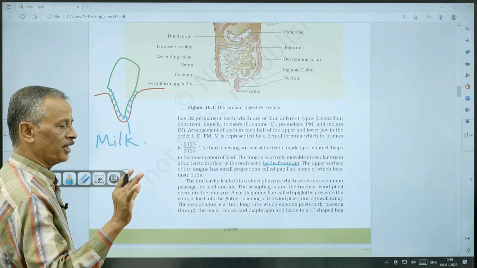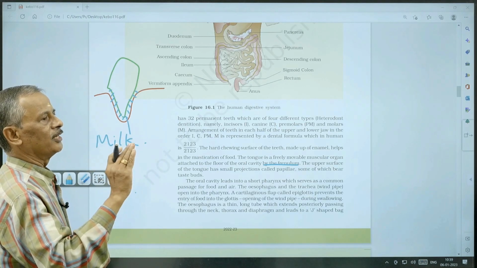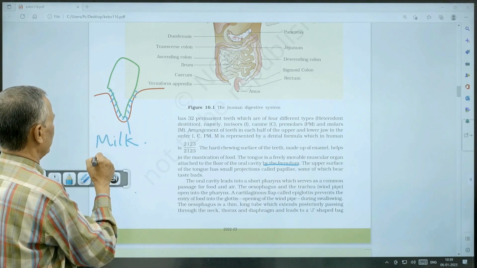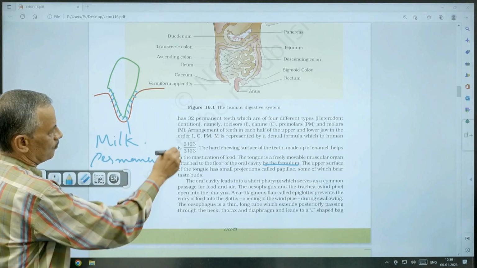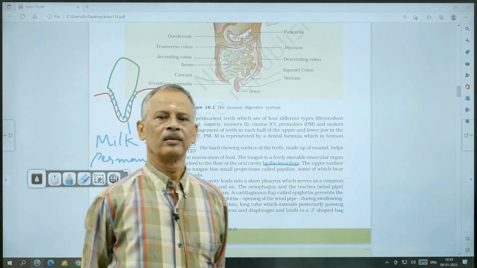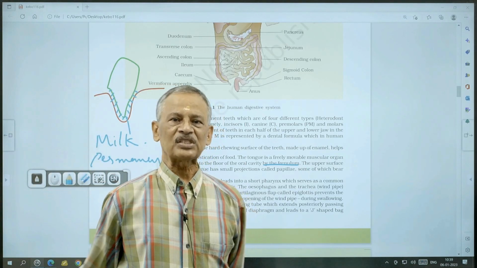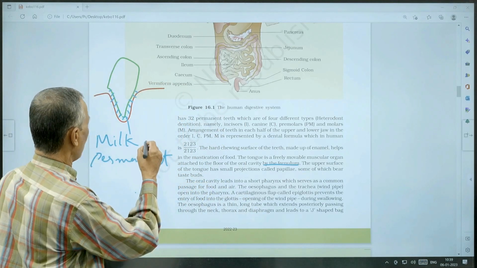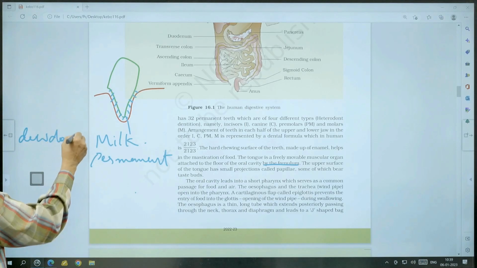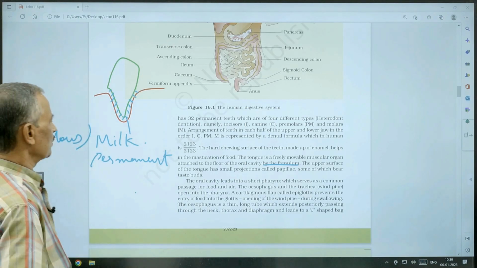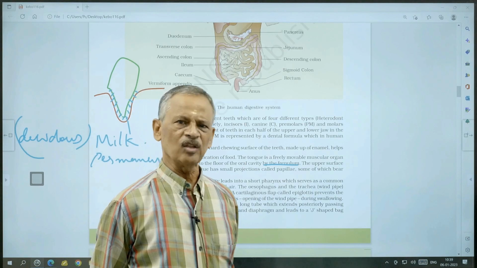That will be remaining almost throughout the end of our life. That is why it is called permanent. Since the first set of teeth are falling, it is called deciduous. Deciduous dentition. That is falling off.